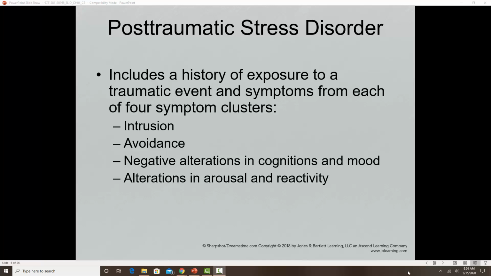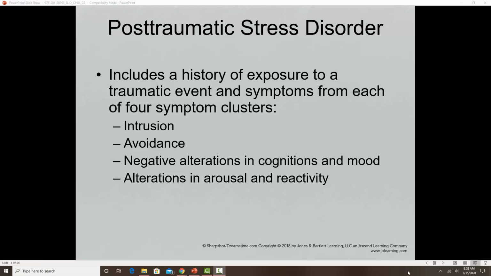Again, this is an anxiety disorder. It does affect women more than men. And historically, we have associated it with being in a combat situation, which is very true, but it can also be from being in any natural disaster, being in a car accident, or being the victim of a crime.